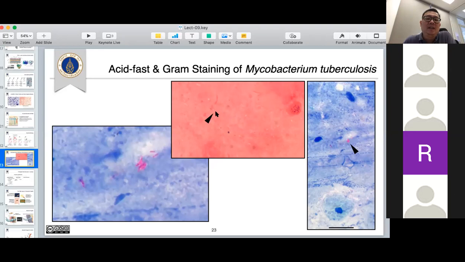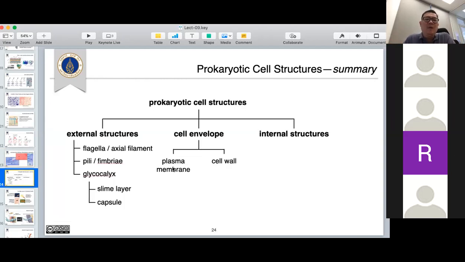This white area is the bacteria, and the dye cannot move in. We call it a ghost cell. That is the thing about the cell envelope. We spend lots of time talking about the cell wall. This is very important because the cell wall is the structure that is unique only to bacteria.